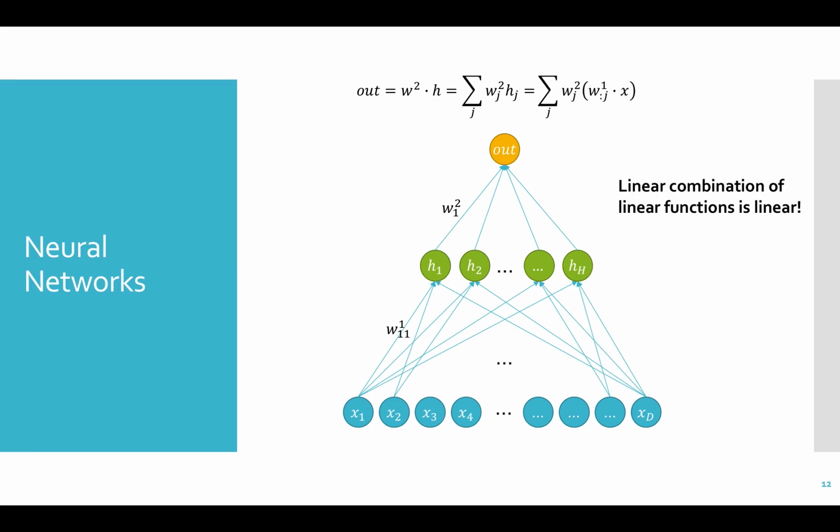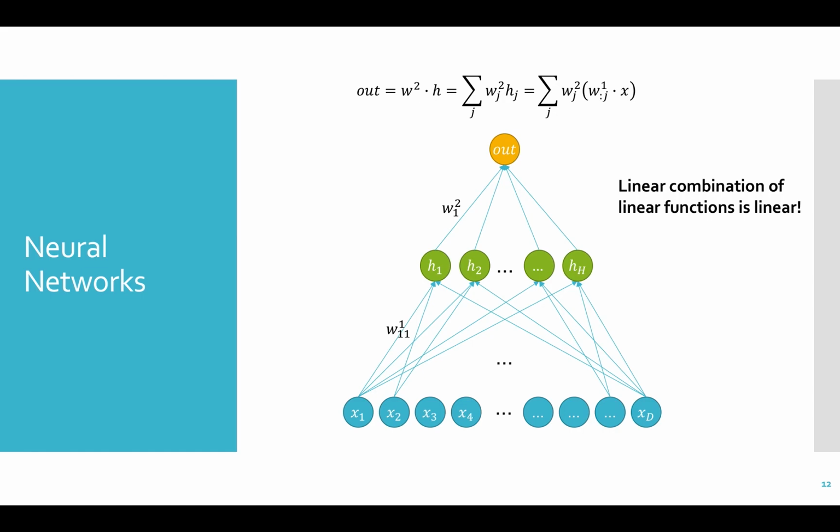This seems cool, but it's actually completely uninteresting because it's just a linear function, just like the perceptron, because it's simply a combination of linear functions. And a linear combination of linear functions is itself linear. That means that this model, as it's shown here, is no more powerful than a perceptron.